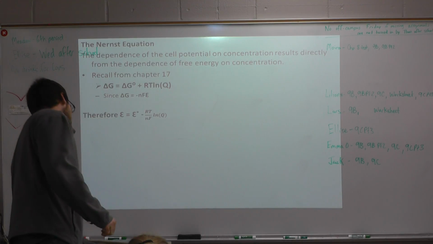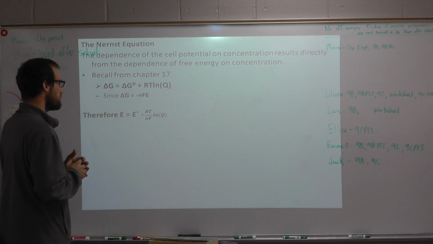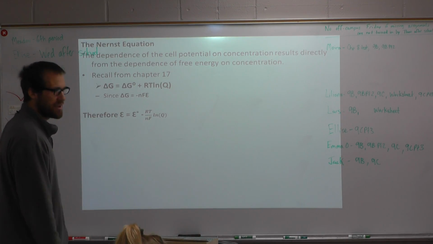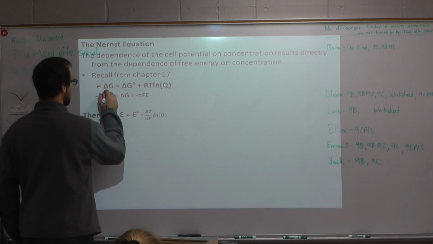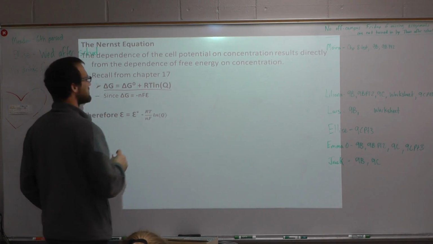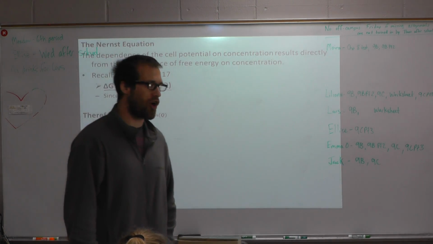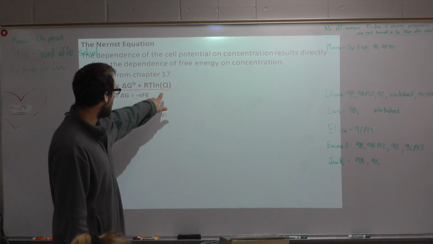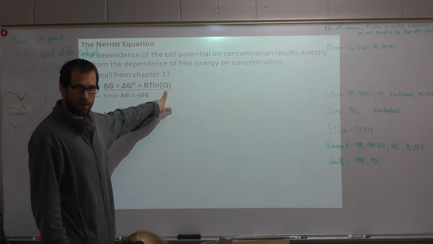So, anyways, in this situation, I'll just introduce this. Way back in, not way back, I guess, last chapter, chapter 17, we introduced this equation. And in this equation was really the concentration effects on Gibbs free energy. Because Q was not at equilibrium necessarily, right?